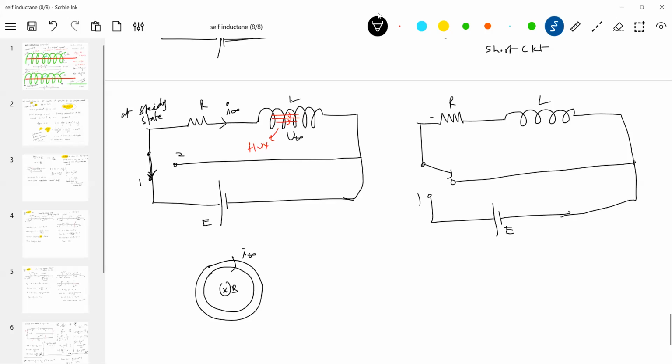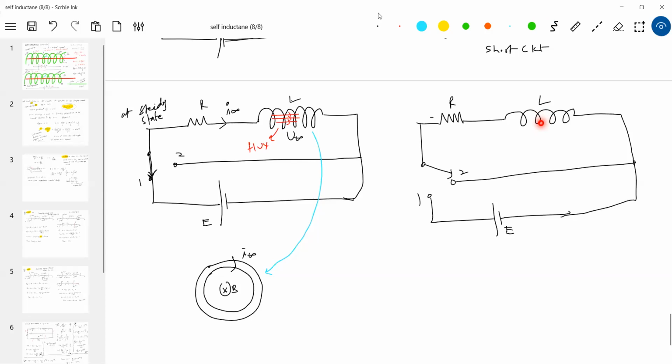I'm just making this one. This is one of the turns. I'll show it in blue color. In one of the turns, you can see the current is flowing clockwise and B bar is into the plane. Now, the moment I move the switch from 1 to 2, there won't be support for the current by the cell. And since there is no support for the current by the cell, the flux across the coil starts collapsing.